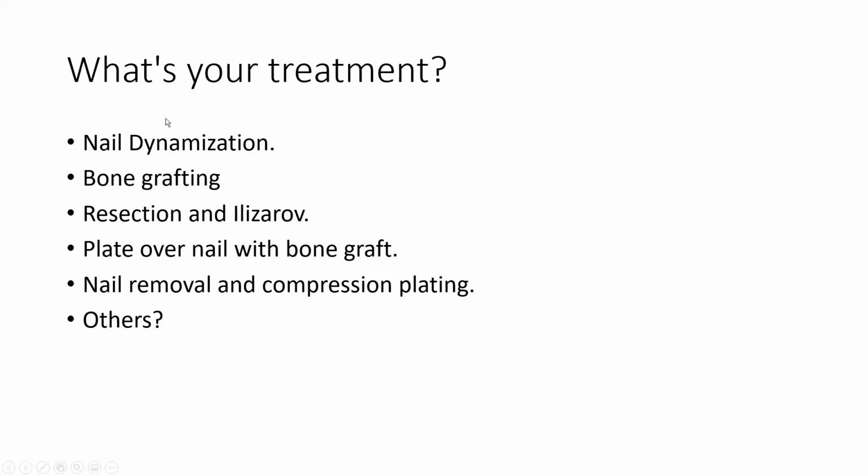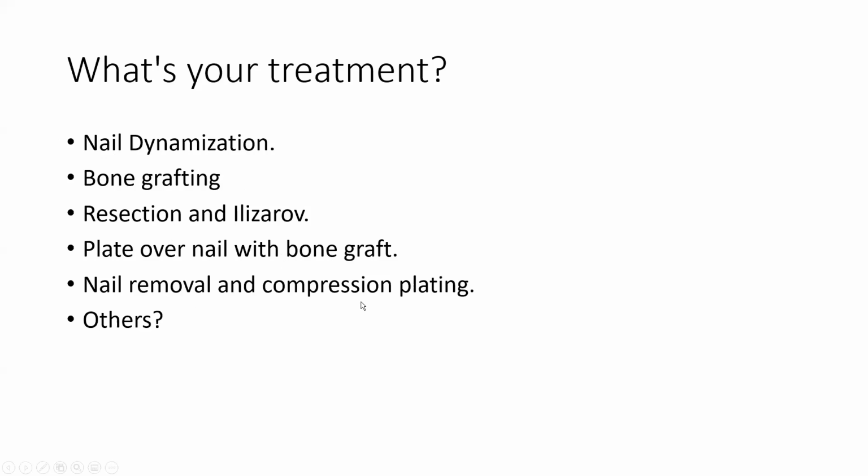Still valid in femur as of now, but in tibia, dynamization has not showed much promise, okay? However, if you chose to bone graft, you would treat biology. If you chose to resect and shorten, you would treat biology and stability if you did it right. If you plate over nail with bone graft, you treat both, as you see. Plate over nail will give you stability, bone graft will give you biology.